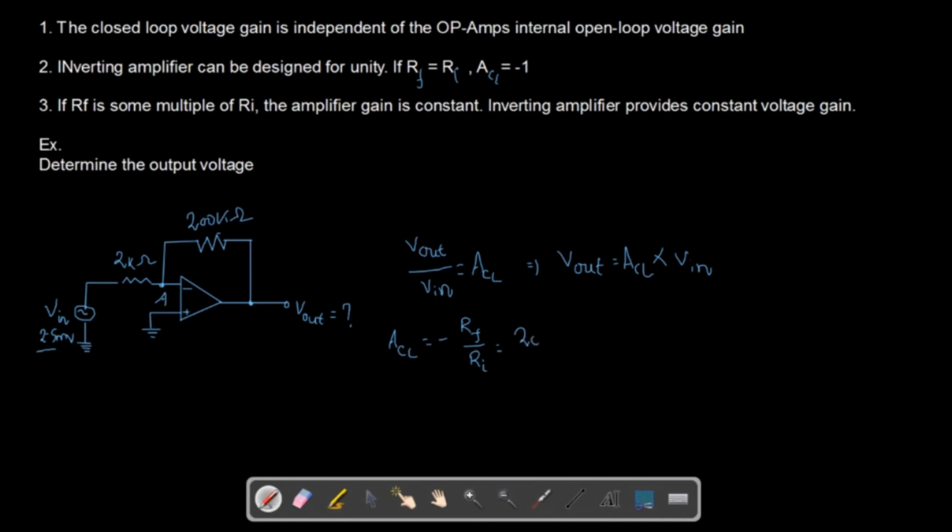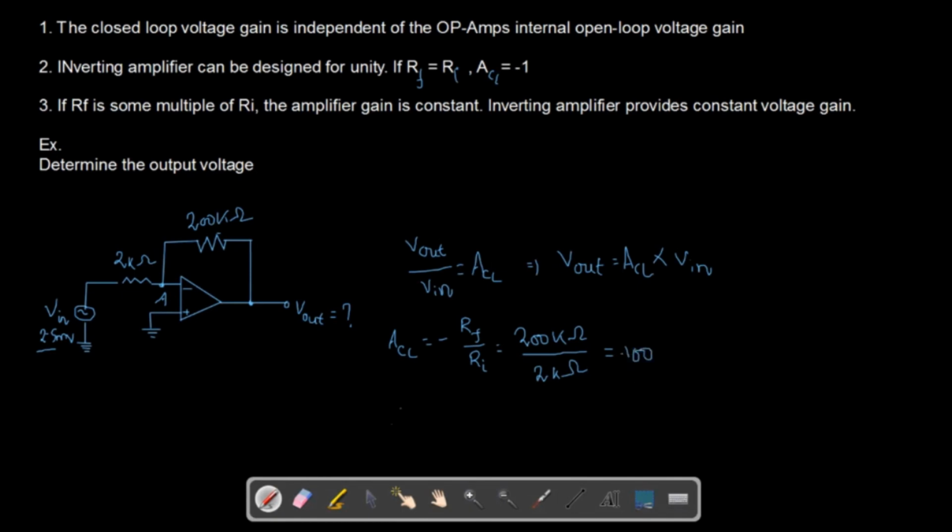ACL does not have any unit, you need to remember this. But if one is in mega ohm and the other in kilo ohm, definitely you need to do the conversions accordingly. Both are in kilo ohm, so I'm not converting, and this would be nothing but 100. Inverting terminal, so I put a minus sign.